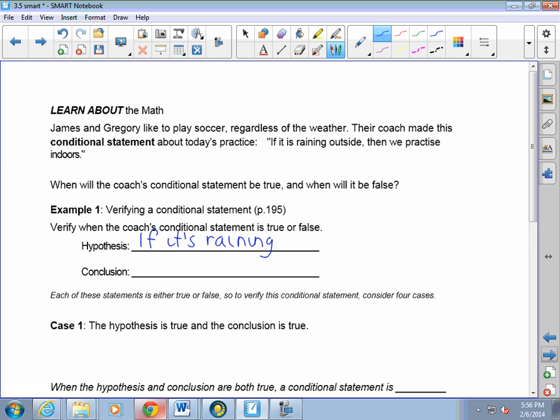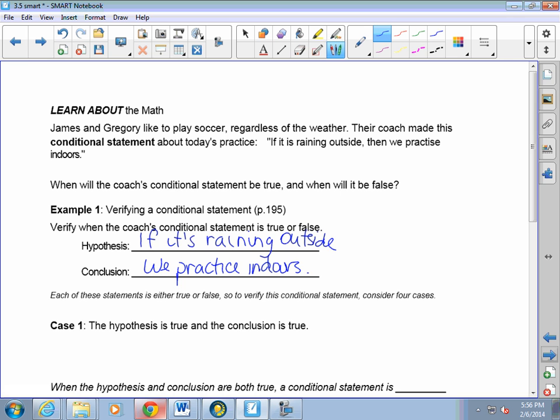So we assume that it's raining outside, and the conclusion is we practice indoors. Each of these statements is either true or false. So to verify this conditional statement, consider 4 cases.